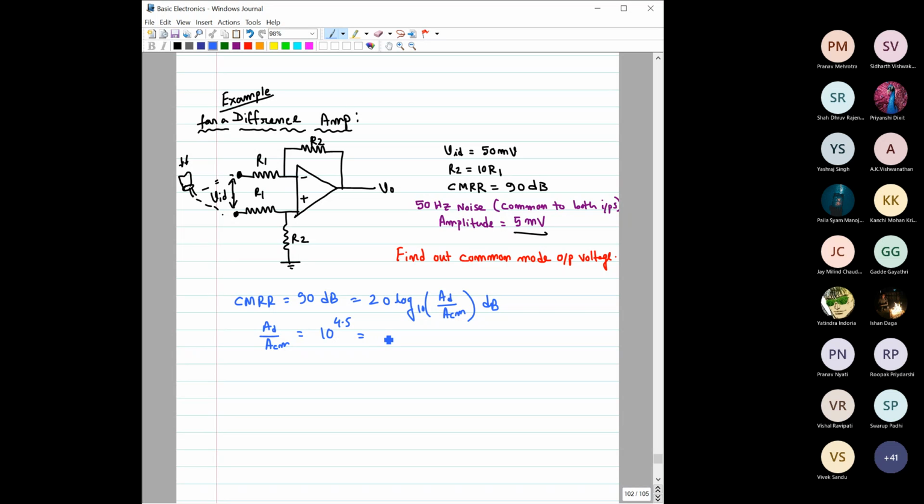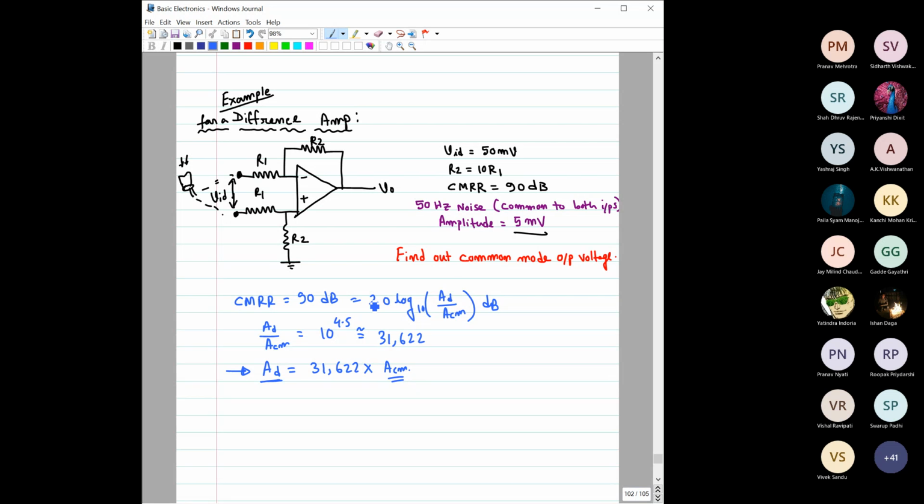If you calculate, I think it would come around 31,622. So from here you can see one relation, that the differential gain of this op-amp is 31,622 times that of the common mode gain. So it is pretty high, the differential gain compared to the common mode gain, right?